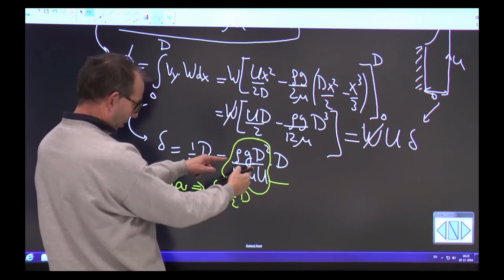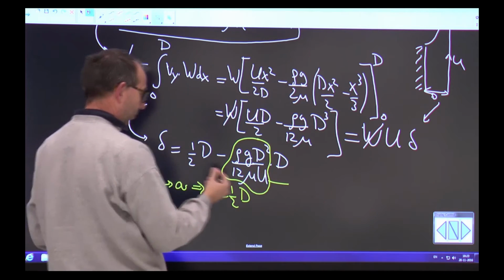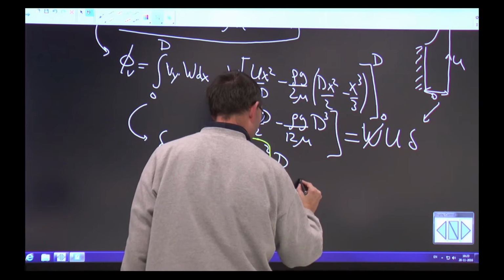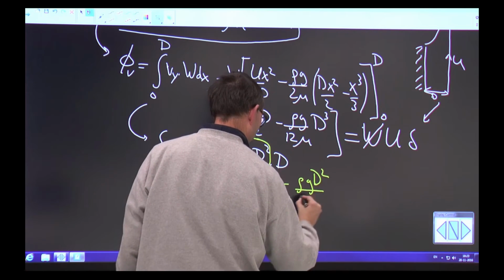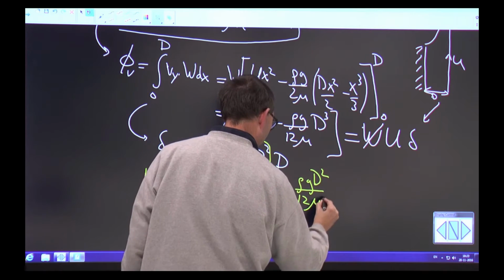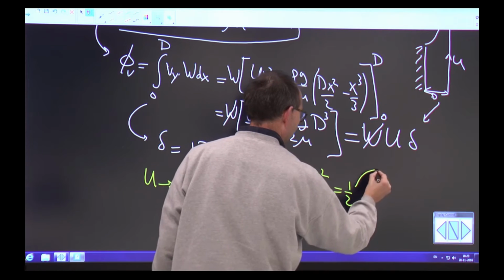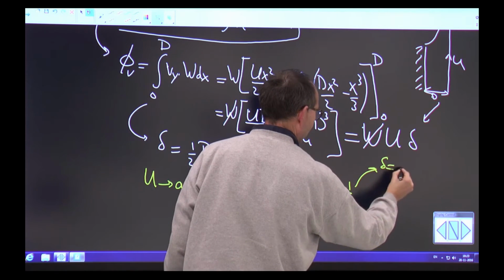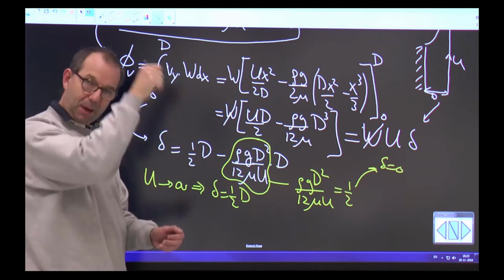If this is a half, then nothing comes out. Delta is 0. So if rho g d squared over 12 mu u equals a half, then delta equals 0, no coating at all. You dip it, but nothing can come out.